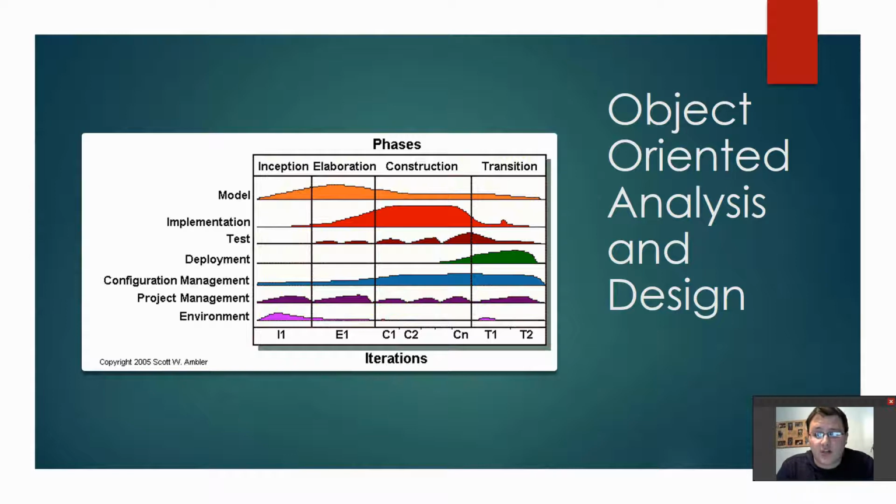That's where the chunk of system design is done. Because user input is taken into consideration in the construction phase, it could have multiple iterations. Finally, the transition phase just keeps going until the project is finished, because that is where you deploy the system and test it.